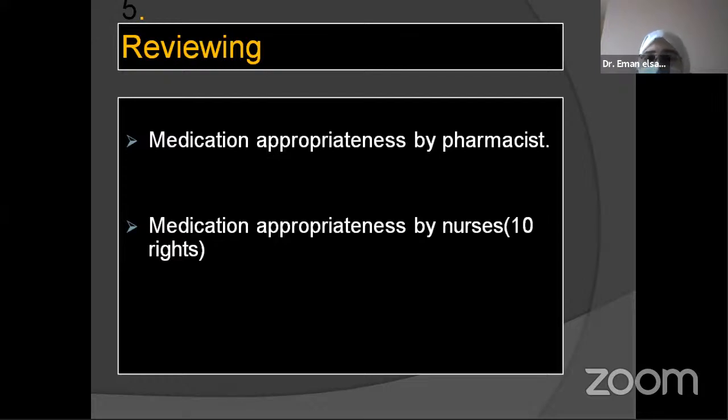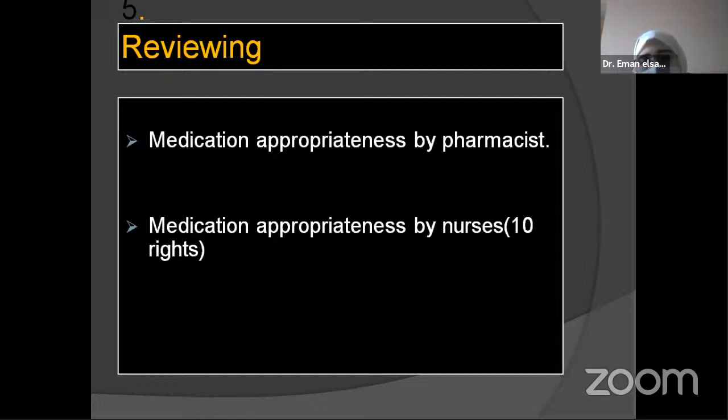After dispensing and the double check by the pharmacist, the nurse will administer the medication to the patient, but first makes appropriateness checks for the medication. The role of nursing may be 7 or 10 rights, but the latest is 10 rights. What are the 10 rights for nursing?